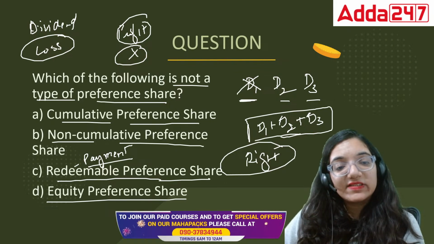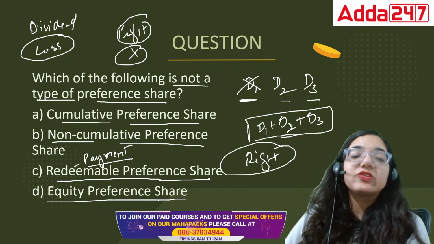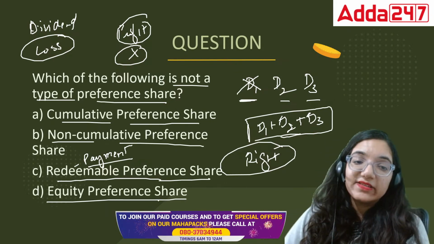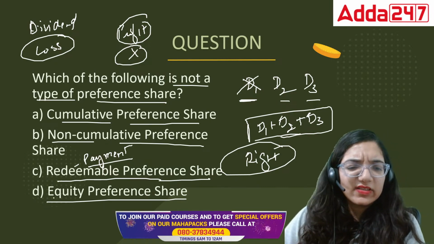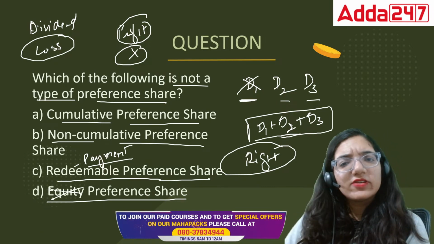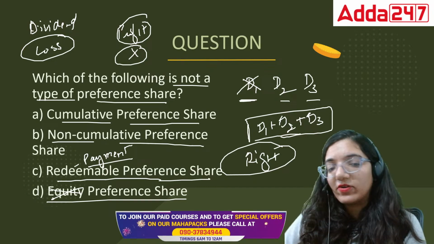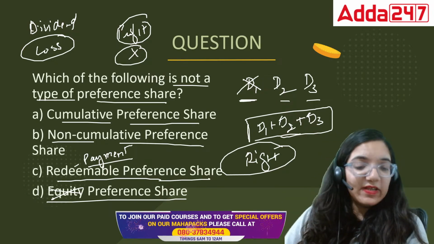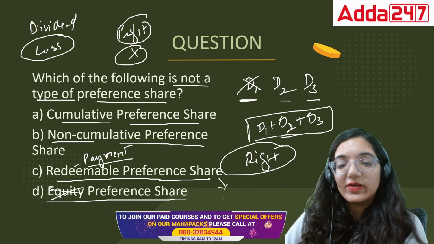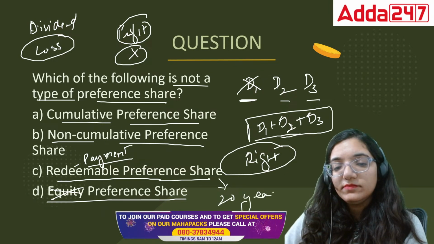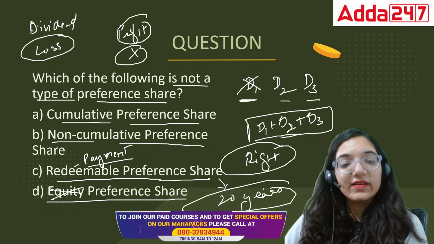Redeemable means that we will have to pay after a period of maximum 20 years. Okay?